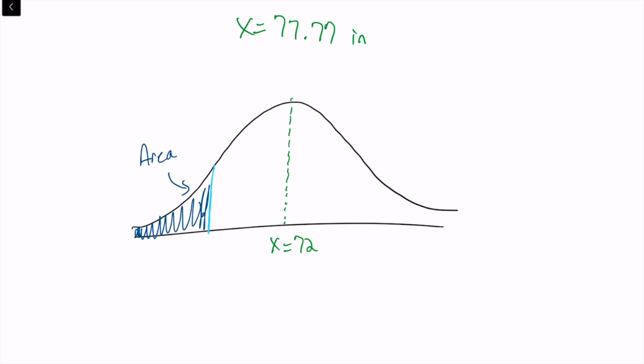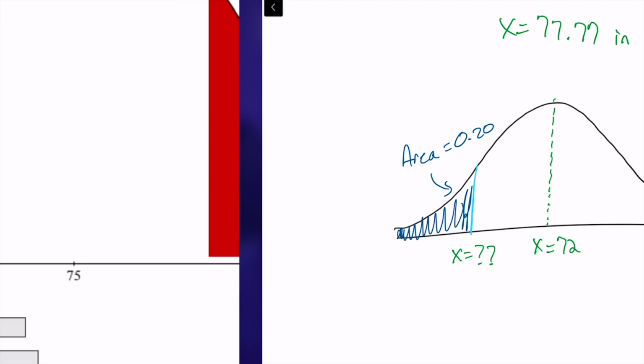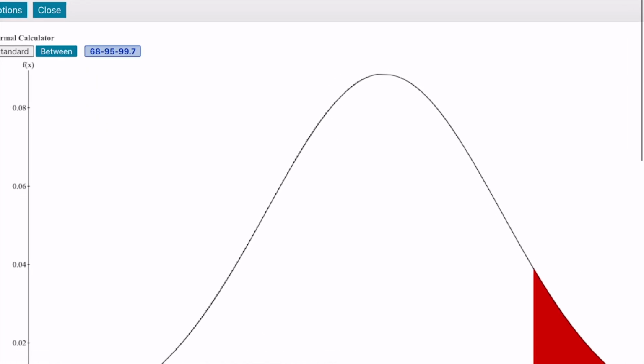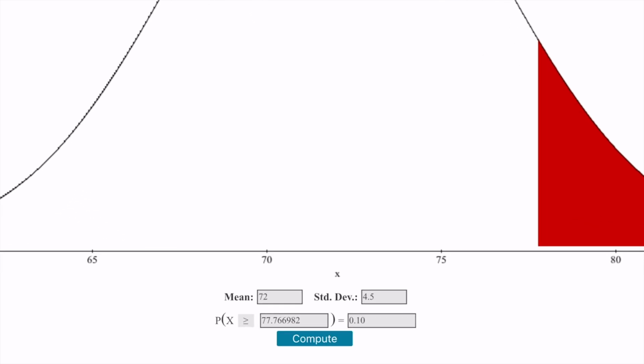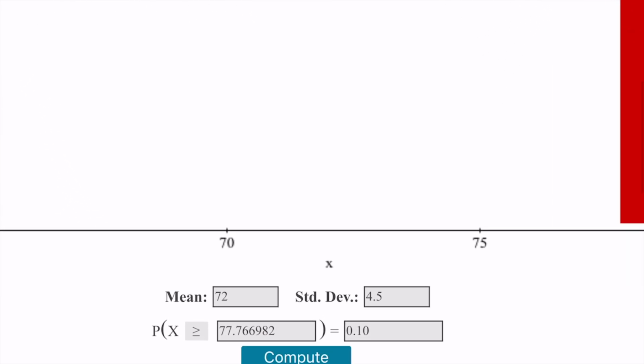So here the area to the left is 0.20. And what this means is that now we need to figure out what is this unknown height or X value that has an area to the left of 20%. Well, in order to do that, we're going to go right back to StatCrunch. And here we go. So the mean and the standard deviation are the same, right? We're dealing with the same data set.